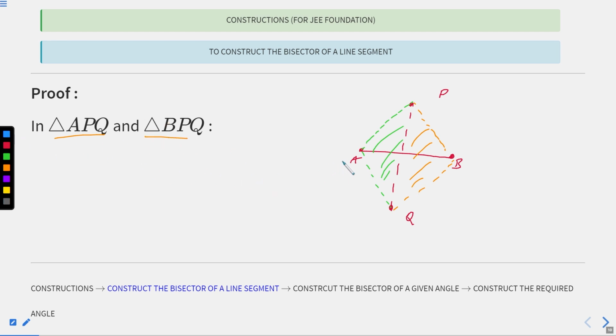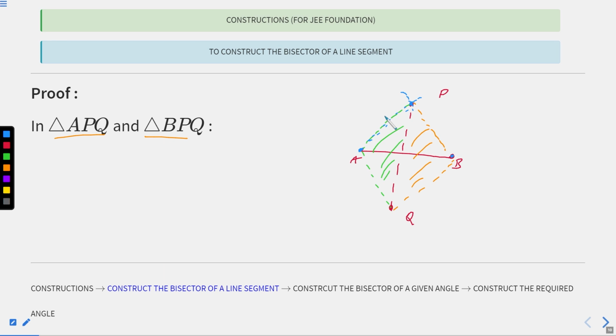Now, if you see in triangle APQ, we have this length. So, what is this length? By construction, we took a compass and with center A and this length we marked an arc here, and with the same length we took B as center and marked another arc, and this point we get.